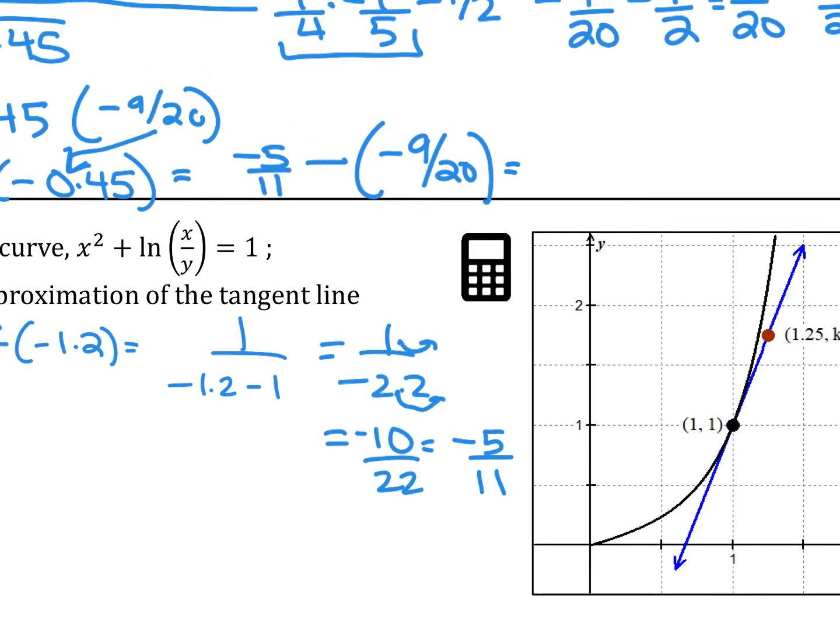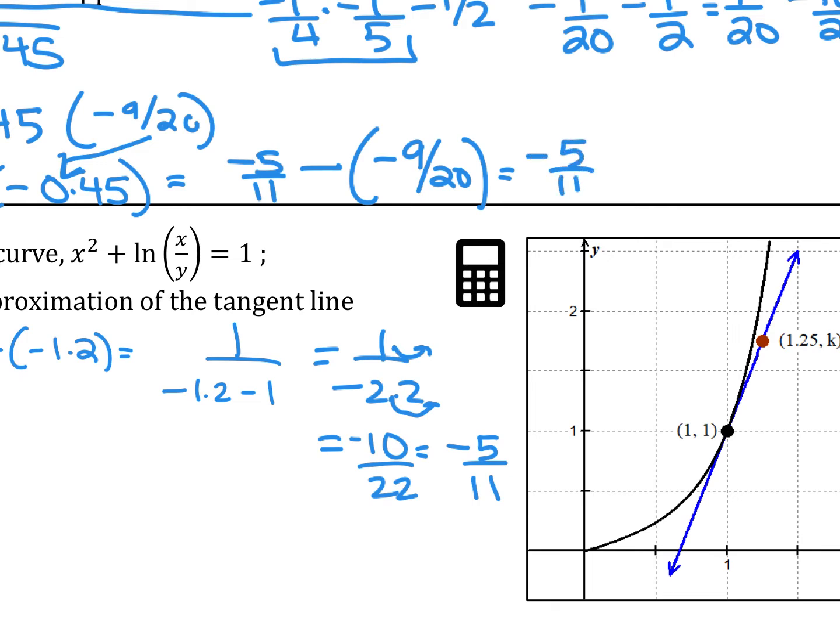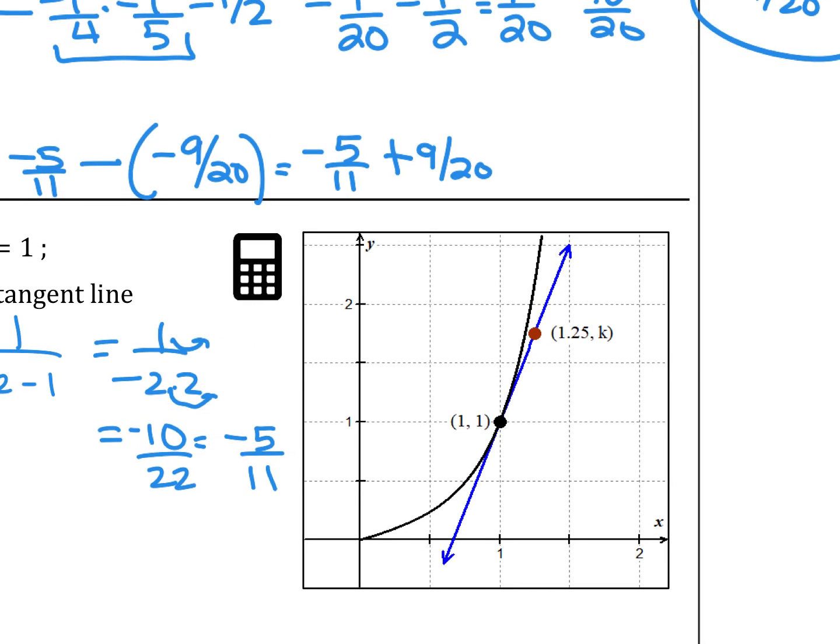So if I subtract those, I'm getting negative 5/11 plus 9/20. And our error is going to be equal to negative 0.00454545.